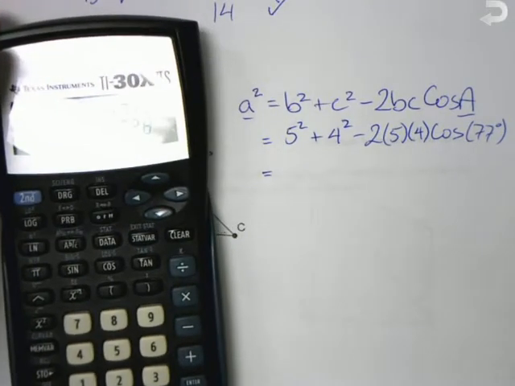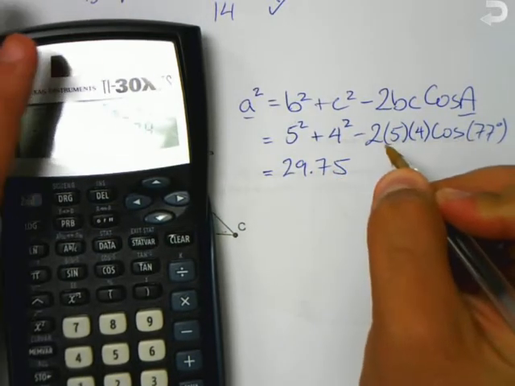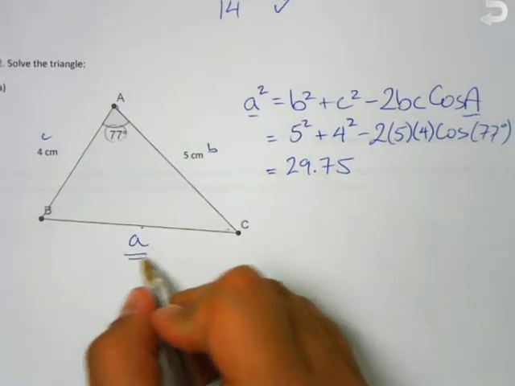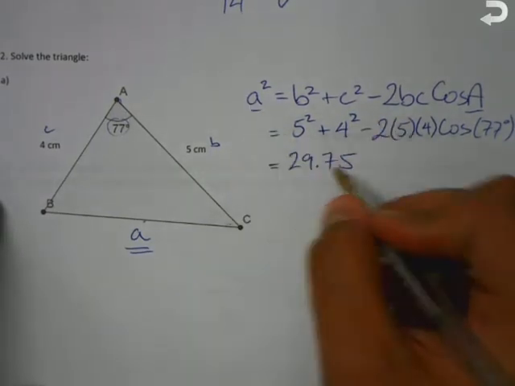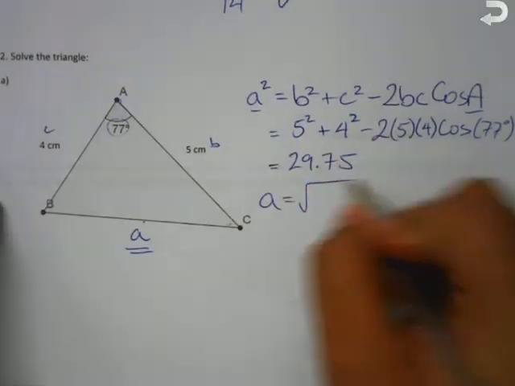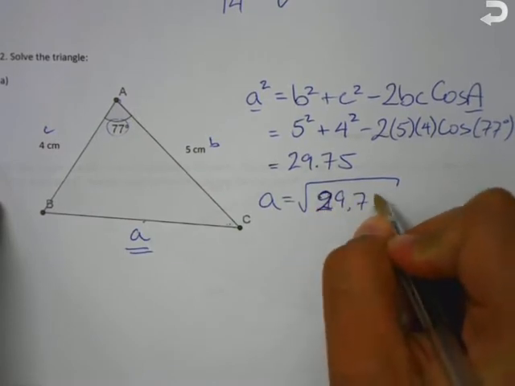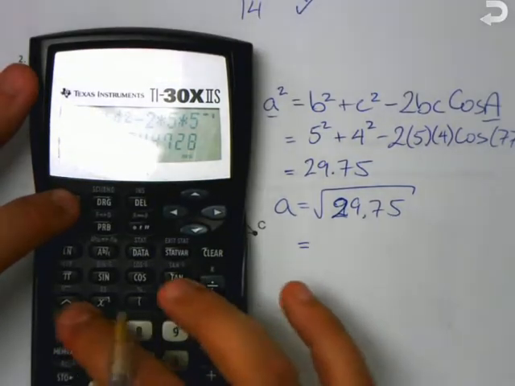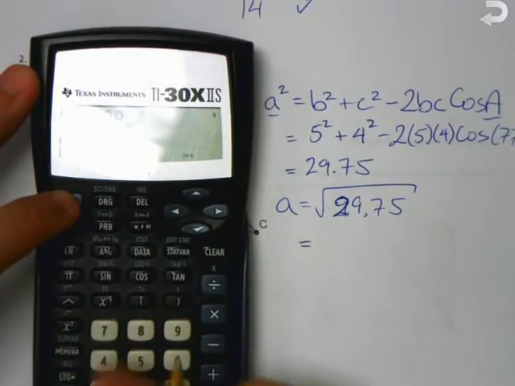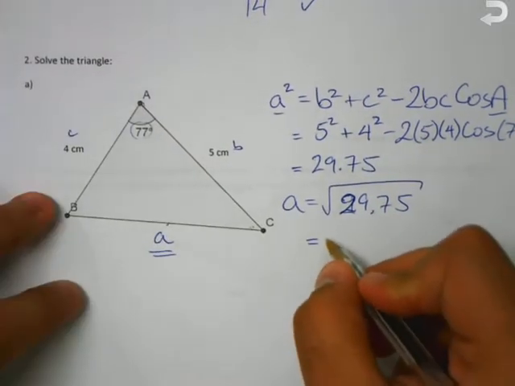And I get the answer 29.75. And since we're dealing with side lengths, we said 2 decimal places for side lengths, right? So that means a squared is that, which means a is the square root of 29.75, and we get the answer 5.45.